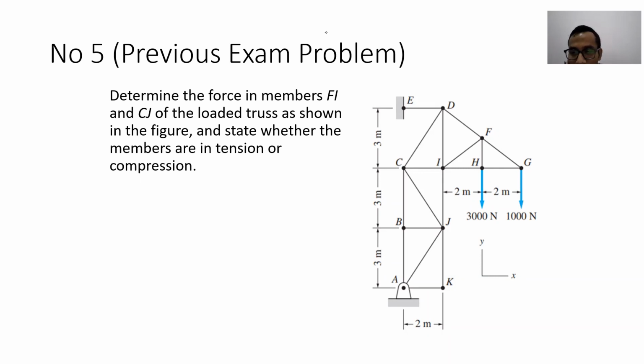I want you to read it carefully before we solve it together. The main question is the force in the members FI and CG. So this one and this one.